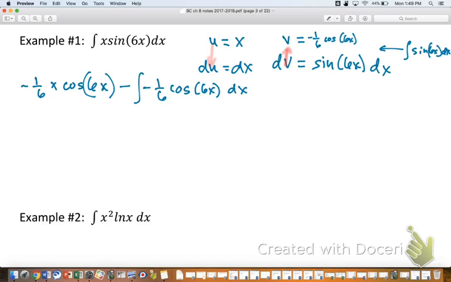Liz? I'm just having trouble seeing how the equation fits into the formula. I get the whole process of the u and the du. So my proof earlier didn't click for you? I just don't get how to get from x sine 6x to the equation.